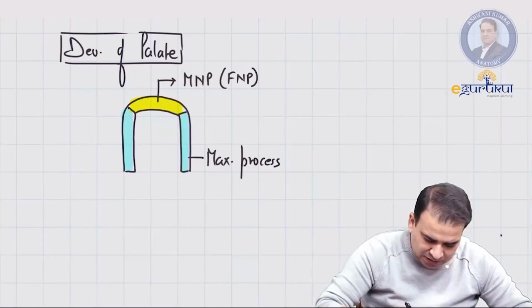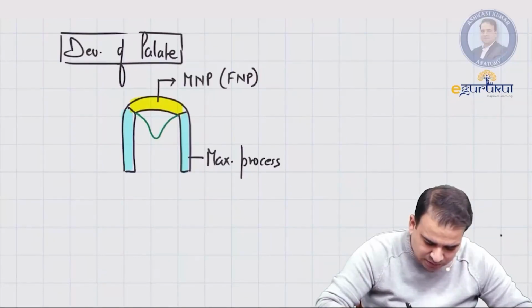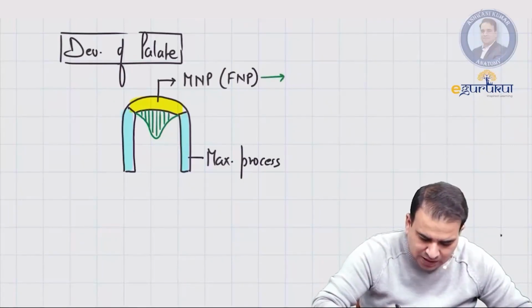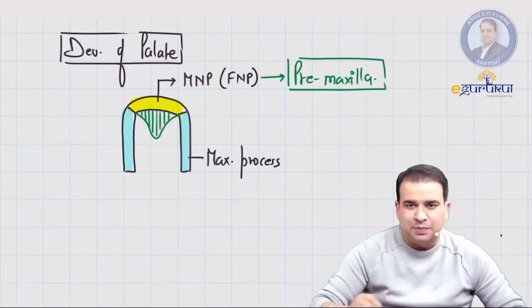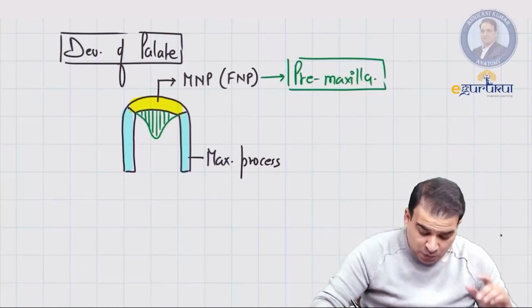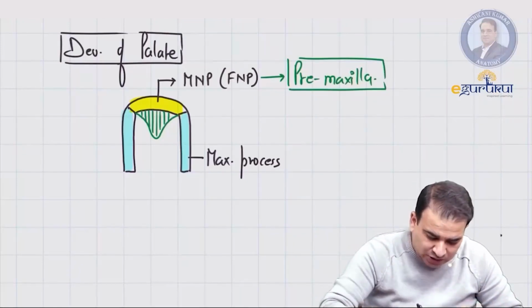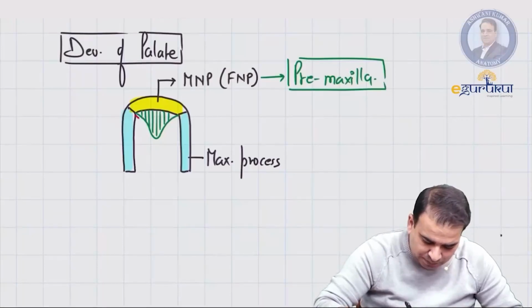So from the medial nasal process, you will see an extension like this, and this extension from the frontonasal process is called the premaxilla. I'm just writing with the same color only, the green one, that is premaxilla. Whereas the maxillary process, on the other hand, will give rise to the palatine process, which will develop and move towards each other like this.